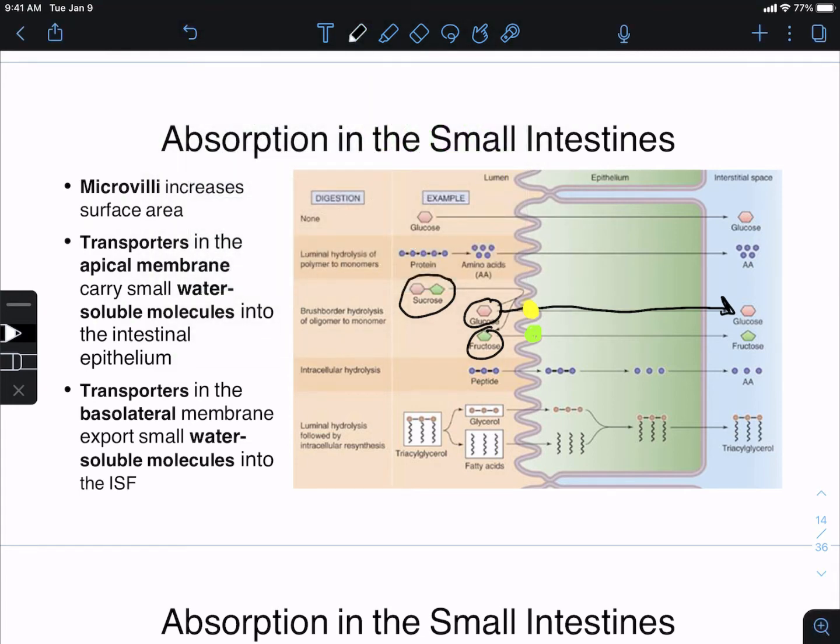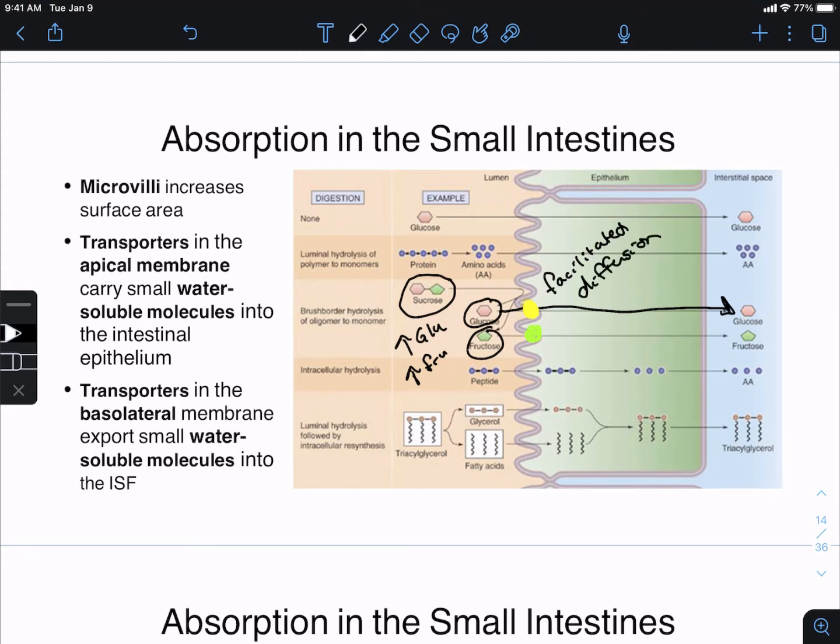So if we eat a diet high in carbohydrates, we're going to have a high concentration of glucose in here, maybe a high concentration of fructose if we eat some fruit, and that will help to drive the sugars into the cell. So that would allow us to move sugars in by facilitated diffusion.